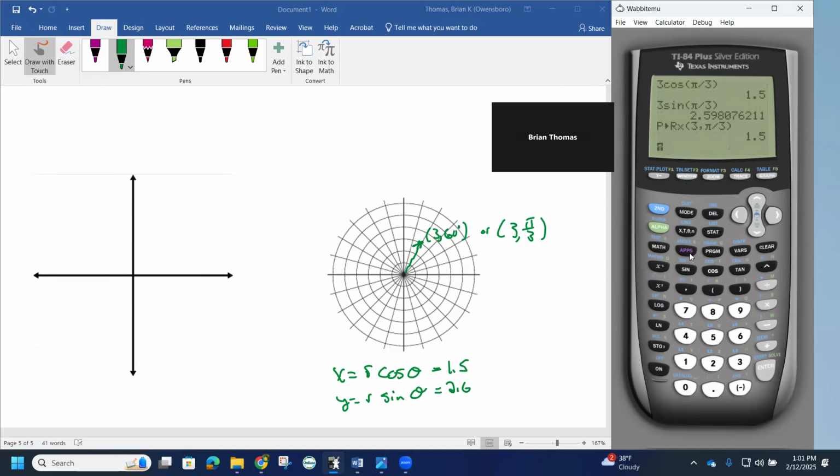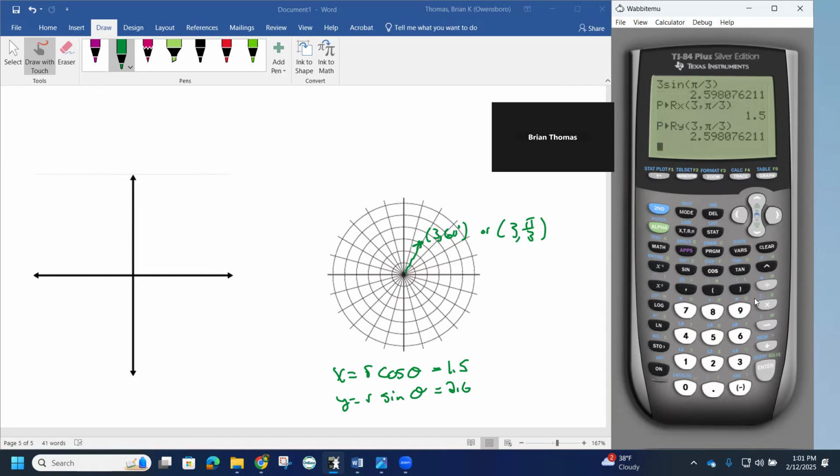I can go to second angle number 8, and that will find the y-coordinate. So number 8, and type in the length, the magnitude, and then the angle, the direction, and that should give me my y-coordinate. Oops, didn't quite get that in there right. That looks correct. So I get that 2.6.